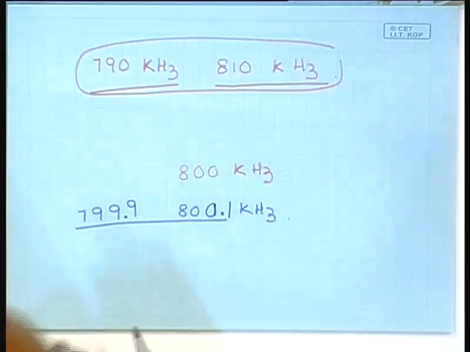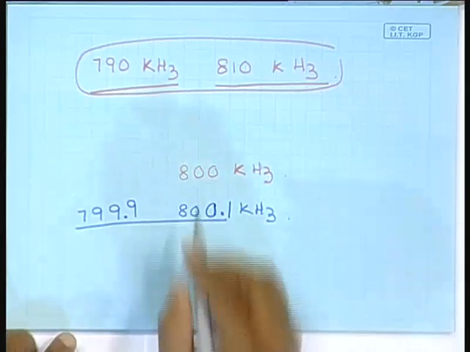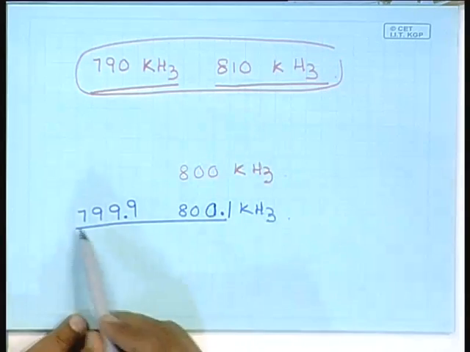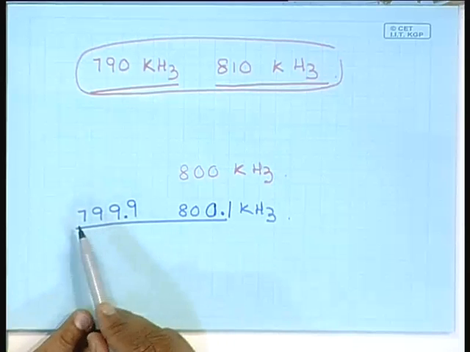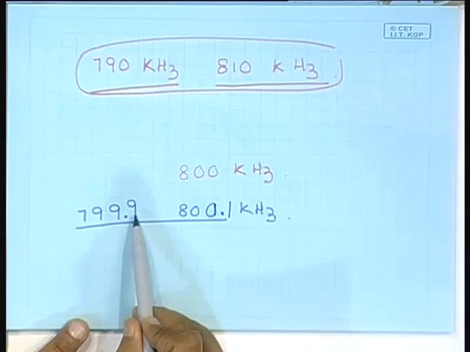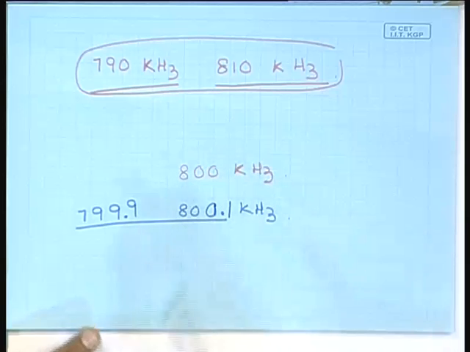Suppose I tune my receiver such that it is tuned at 800 kilohertz, but it is going to be sensitive to frequencies only in this very narrow range around this frequency. Question is, can you reconstruct my voice from the radio signal only in this very narrow range of frequencies? No, because my voice spans the entire frequency range of 10 kilohertz.